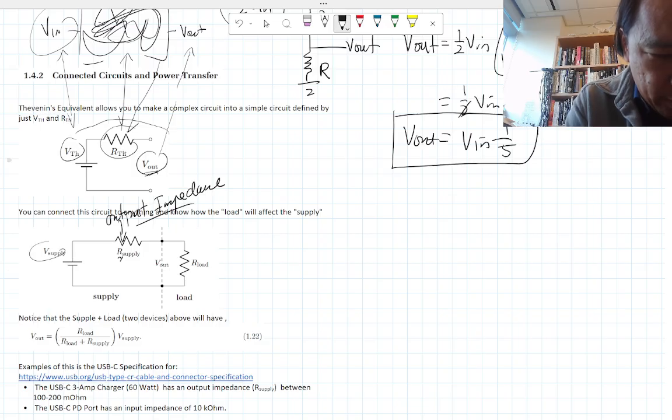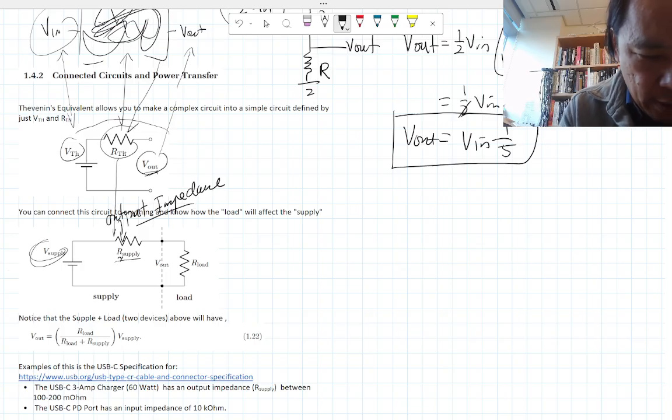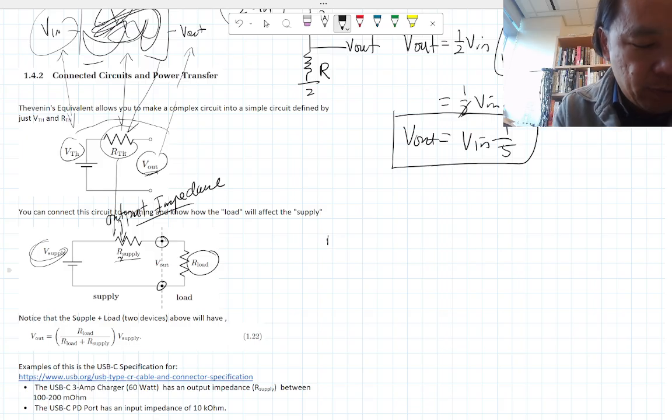You notice that there's some voltage supply here. That's the V Thevenin, which is equivalent to this here. Then we're connecting the output to some device, and this device happens to have some input impedance, R load.